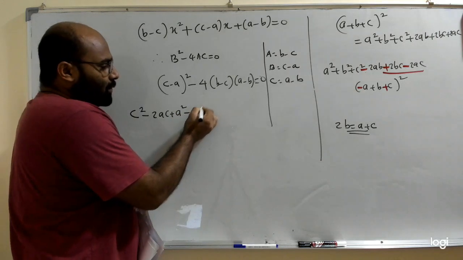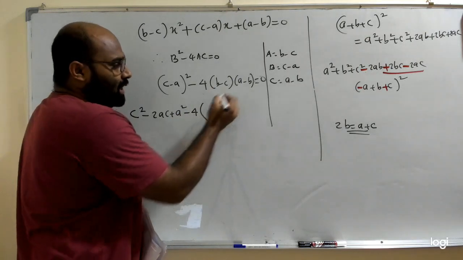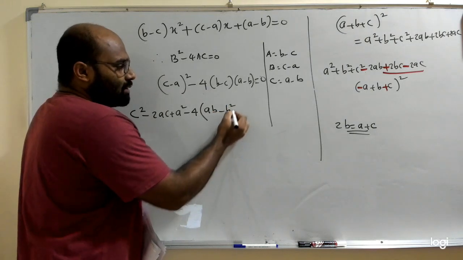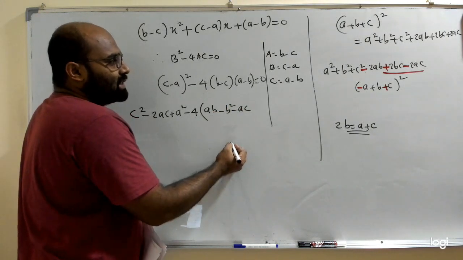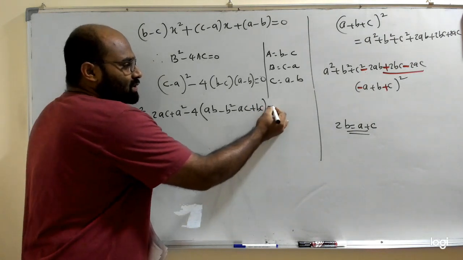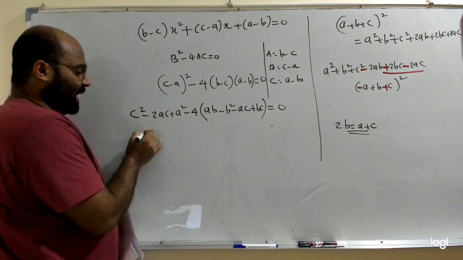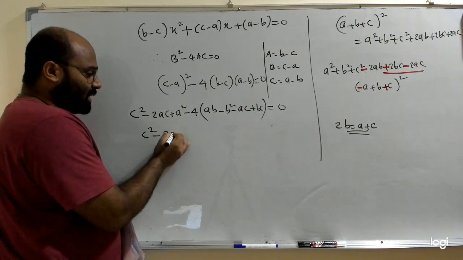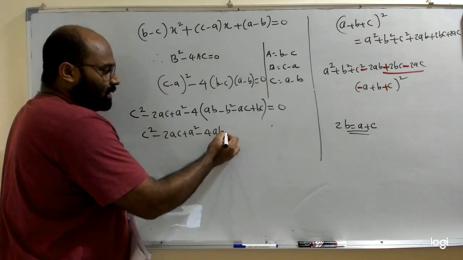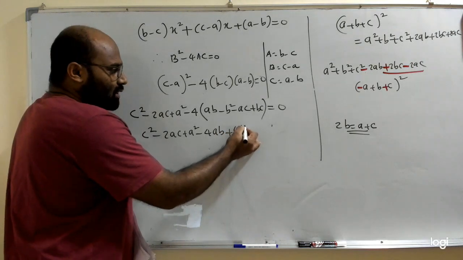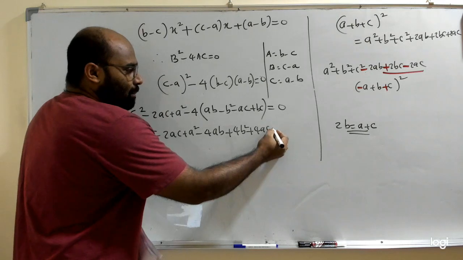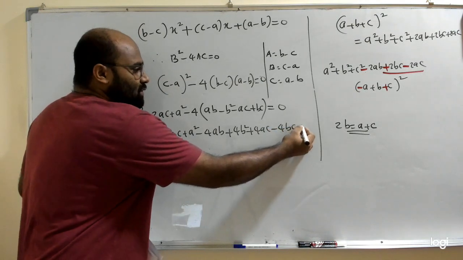Minus 4 into, open the bracket, b into a, ab minus b square minus ac plus bc equal to 0. Open the bracket: c square minus 2ac plus a square minus 4ab plus 4b square plus 4ac minus 4bc equal to 0.